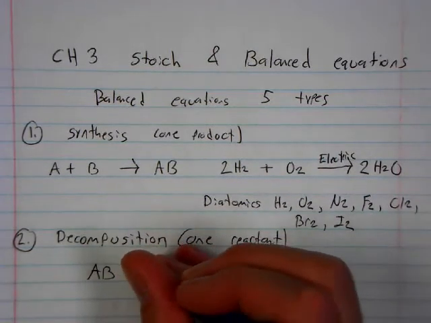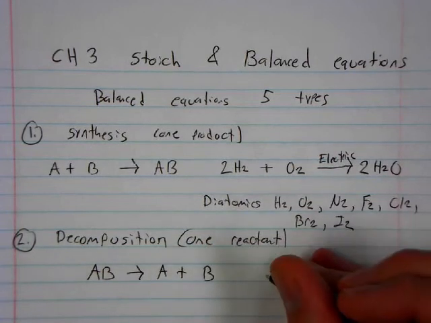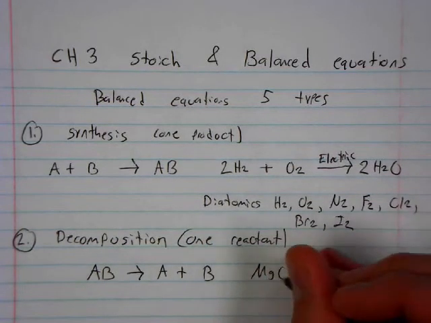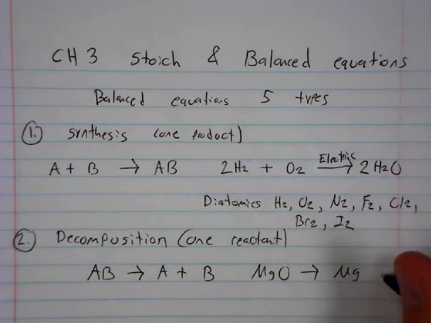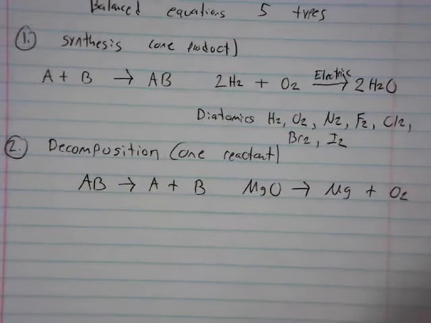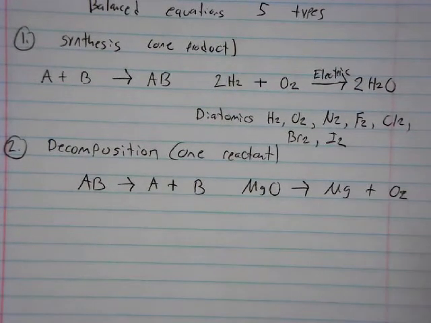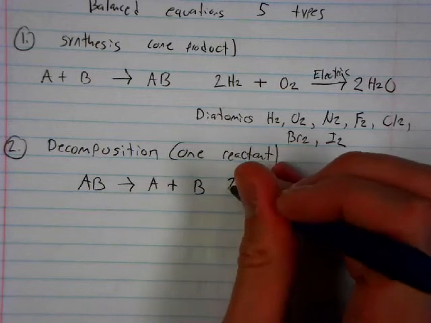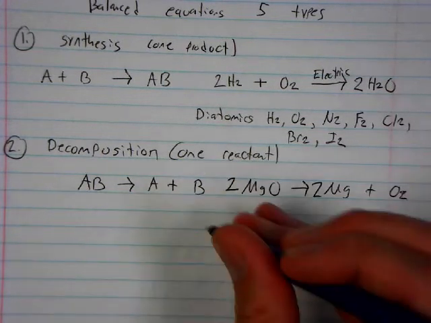So I have AB yields A plus B. This would be something like magnesium oxide breaking into magnesium plus oxygen gas, but oxygen's a diatomic, so it's O2. To balance that, I put a coefficient of 2 here and a coefficient of 2 here.